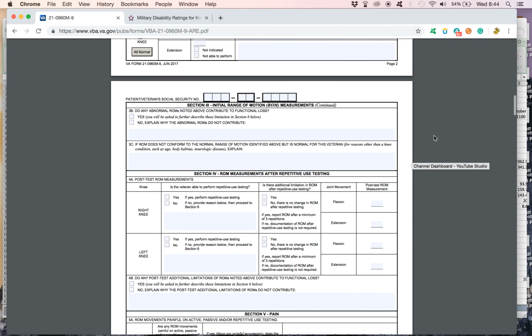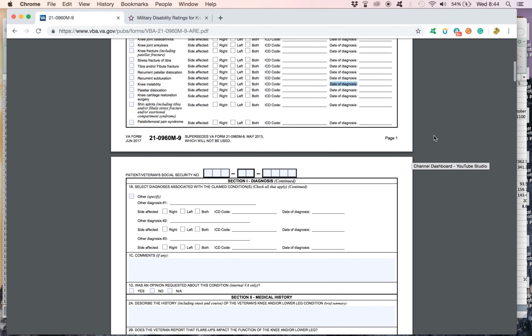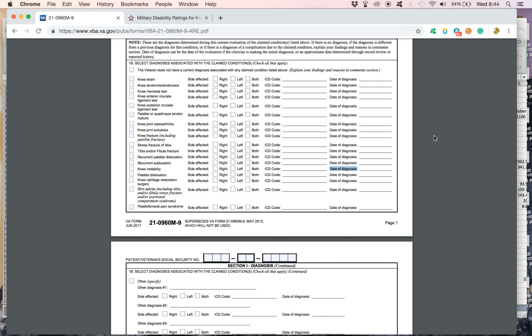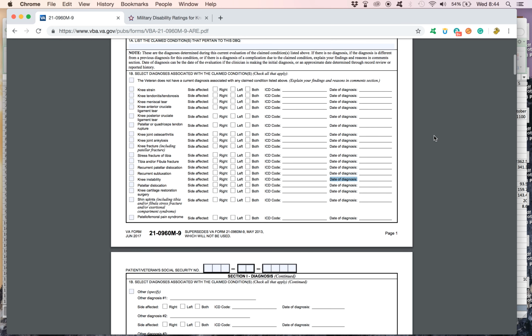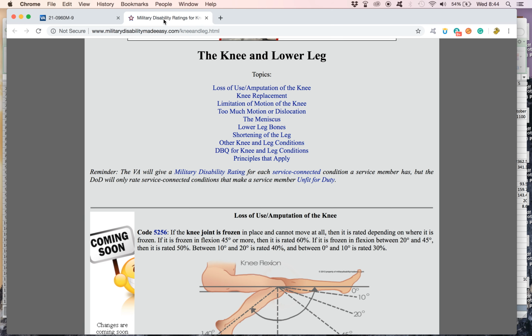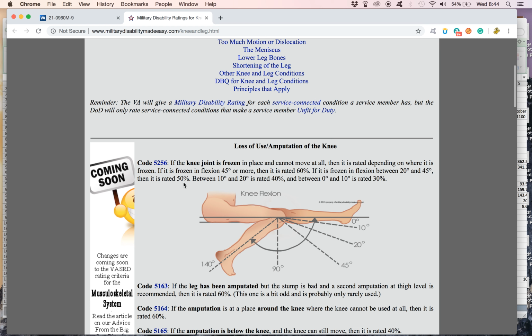If you have any other ones like tears, tibia fractures, fibular fractures, joint ankylosis, osteoarthritis, ruptures, again, the DBQ would cover all of these, and get the proper ICD code for the correct injury that you would be seeing. And you will see these codes right here.